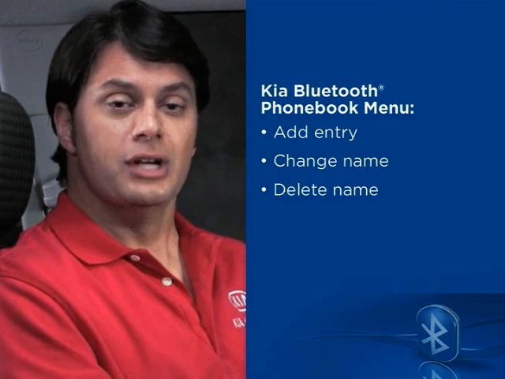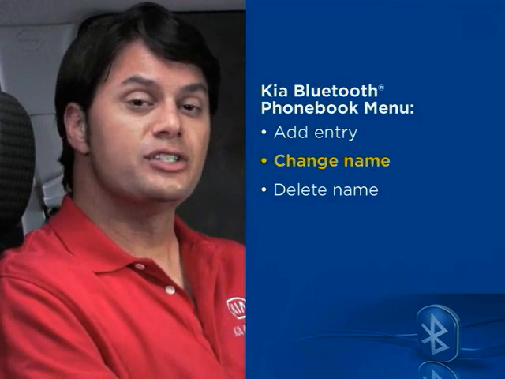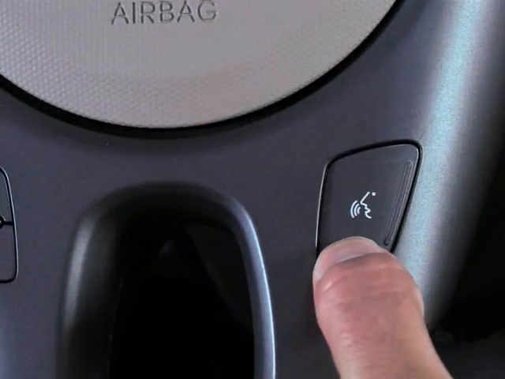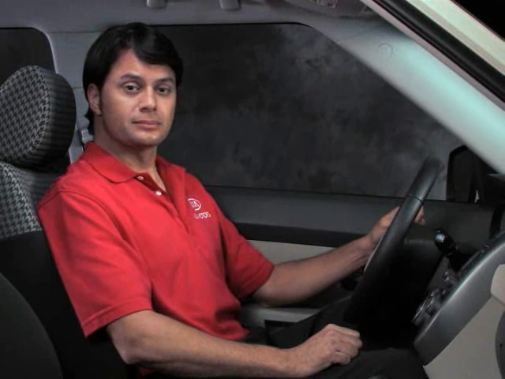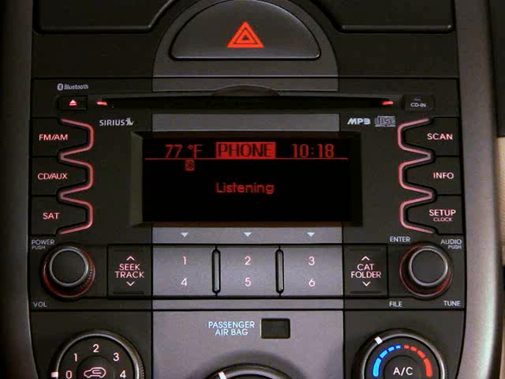Through the Phonebook menu, we can also change the name of an existing contact in your vehicle's Phonebook as follows. Press the Talk button. Phonebook. Say, add entry, change name, or delete name. Change name. Say the name that you want to change.